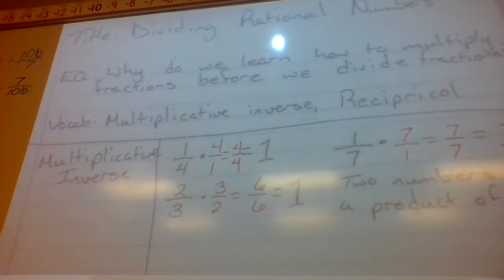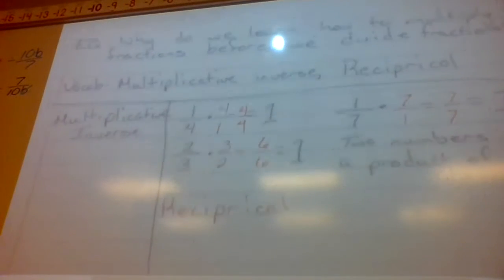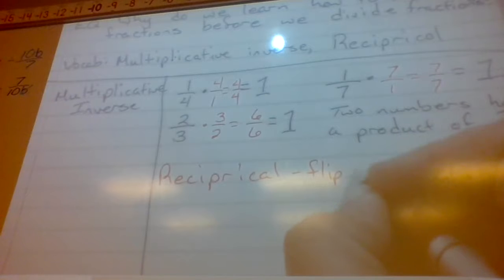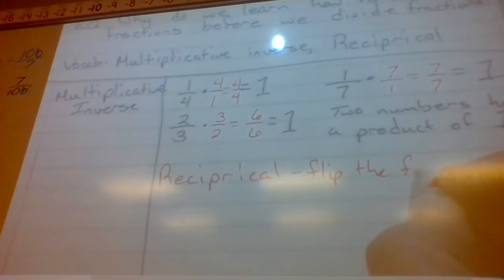Now, what were we doing with each one of these? Switching it. We were taking the fraction I gave you and flipping it, right? That is called the reciprocal. That is when you flip the fraction.